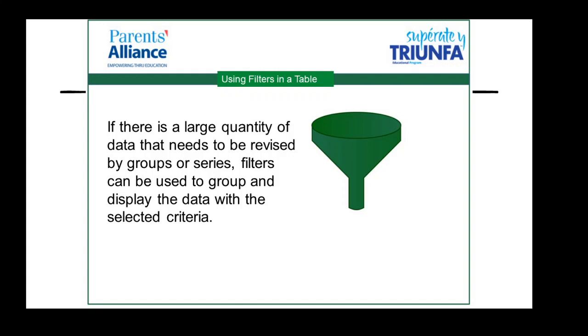So today we're going to be discussing and going over two important topics. The first one is learning how to create a filter on Google Sheets. Filters are used when we have a large quantity of data that needs to be revised by groups or series.